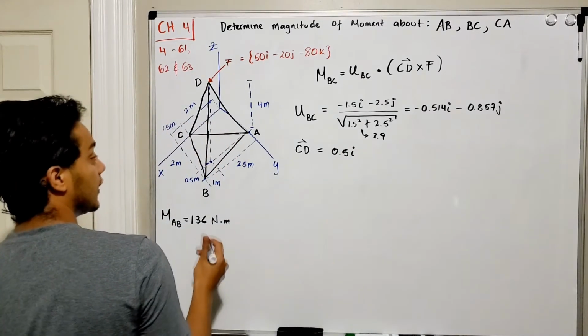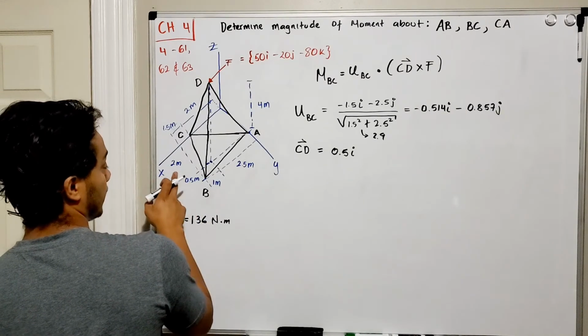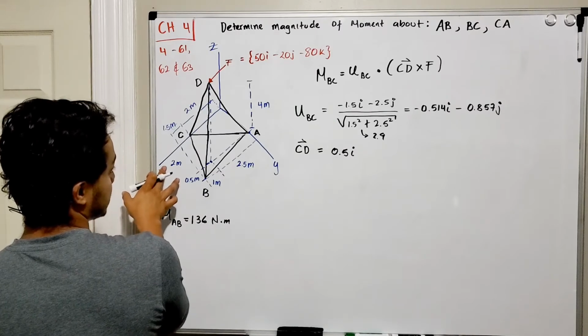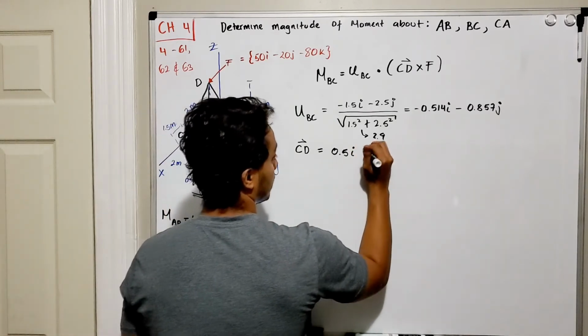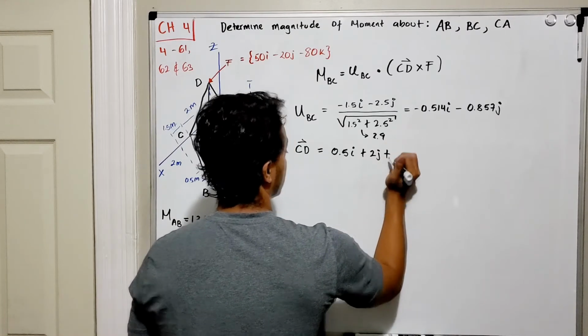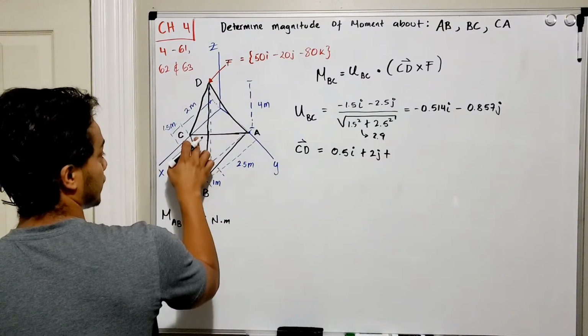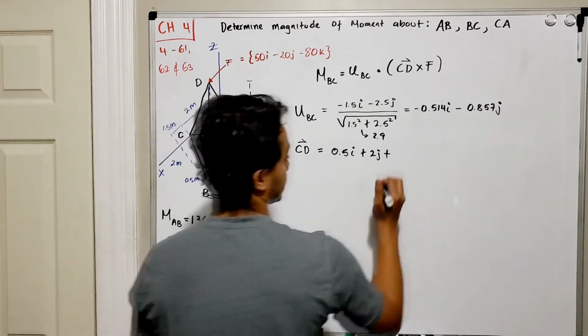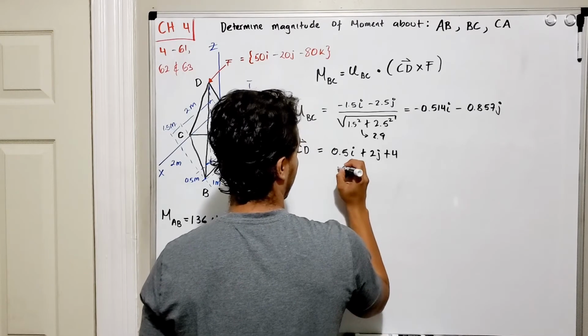Then in the Y direction we will have B, which is in the Y direction, it has 2 meters, and C has 0, so we'll have plus 2 in the J direction, and then in the Z direction we will have a positive 4 because C has 0 and D has 4. So we got 4. Okay?